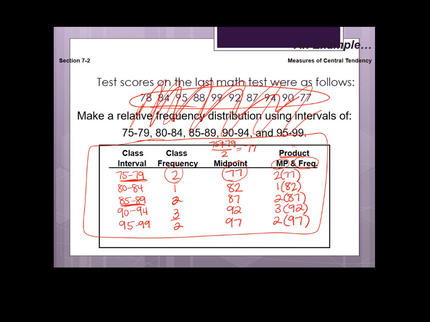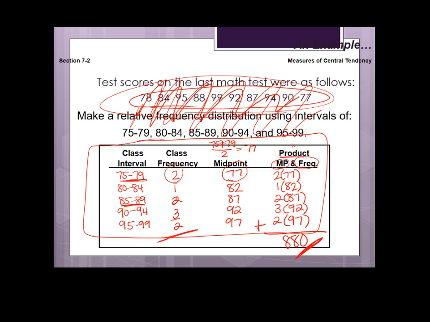So, when I add those together, if I were to multiply and add, I get 880 right here. So I'm saying when I add all these numbers together, I'm probably going to get about 880. So remember, to find the mean, you take the sum of all the numbers and you divide it by how many numbers you had.